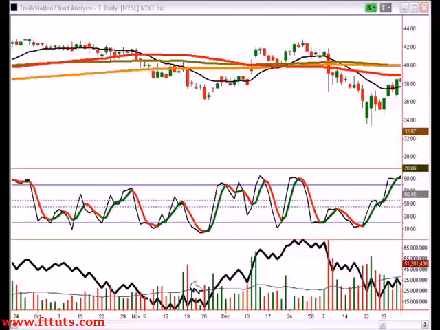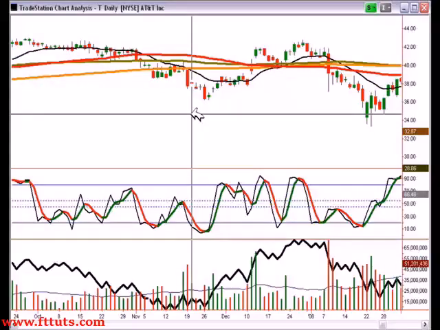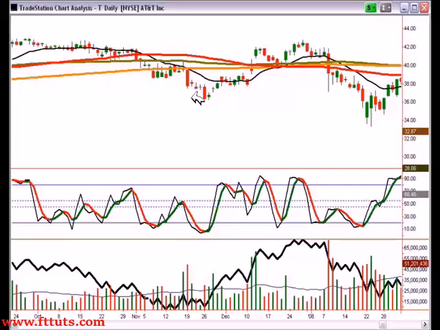One other thing while we're on this topic that I know has been an issue with some people sometimes. Here's one. Okay, let's look at this bar right here, where I've got my crosshairs, that little narrow range spinning top type bar.